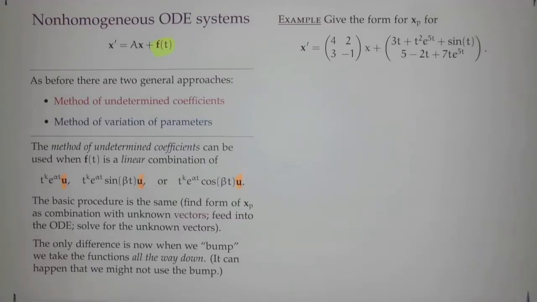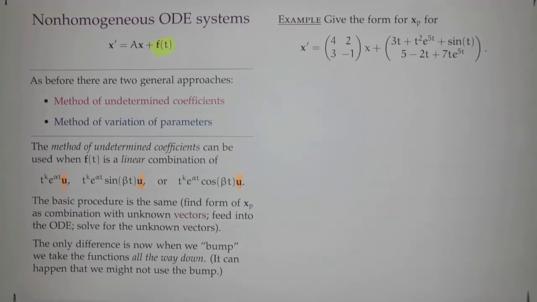Then we say, all right, let's run the procedure like we would before. To recall the procedure, the idea was to say we can make a good guess. Not really just a good guess, but we know our solution has to have a certain shape, a certain form. The only thing we don't know is some coefficients. So we say, okay, our particular solution x_p looks like something up to some undetermined coefficients.